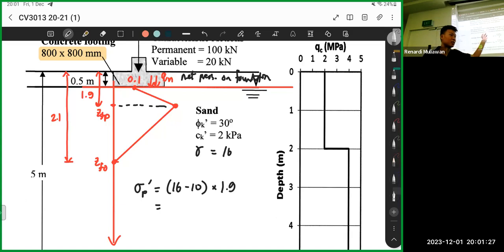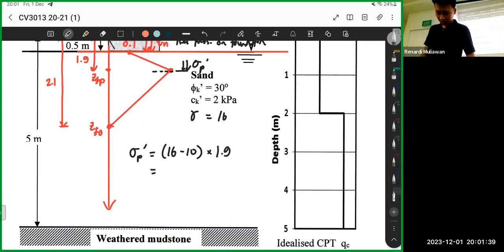You get why, right? We're finding the effective stress at this level. So 6 times 1.9, that's 11.4.